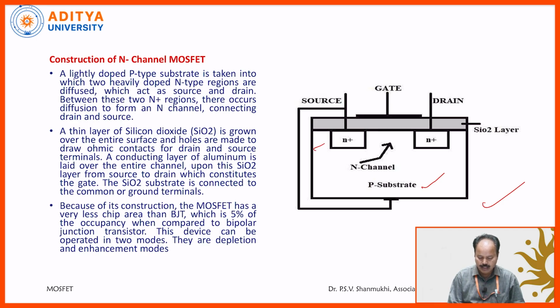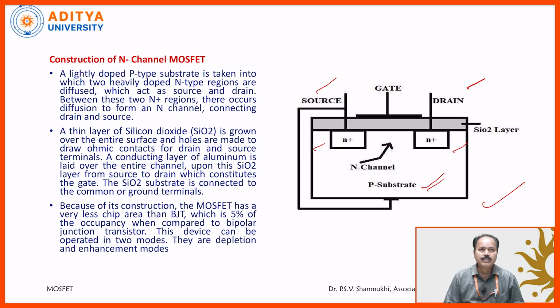This is the n plus region, meaning heavily doped n-type regions are diffused, which act as the drain and the source. The first one is acting like the source and the second one is acting like the drain. These are heavily doped n-type semiconductors, diffused into the p-type substrate of the device.